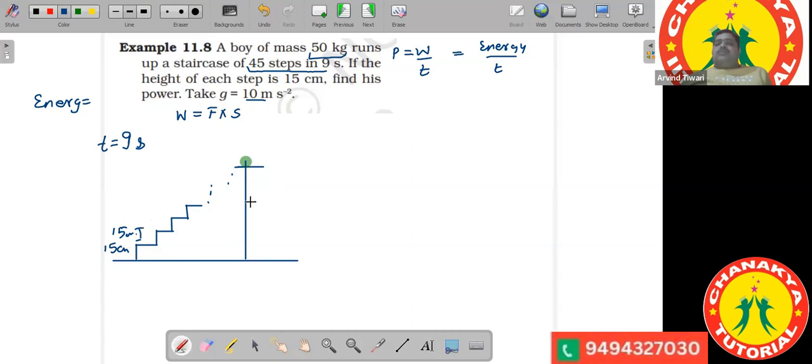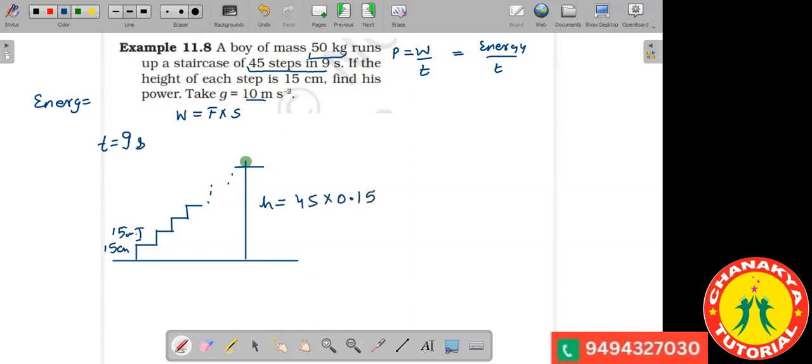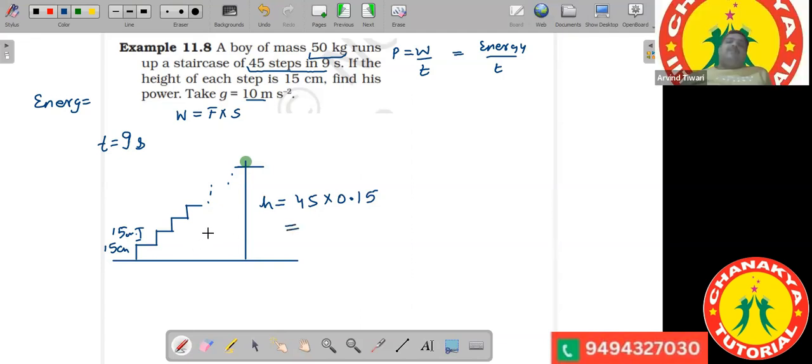So your height will be 45 multiply 0.15. Since 15 is in centimeter, you need to convert this centimeter to meter. So multiply 45 by 0.15, you get 6.75 meter. So height is 6.75 meter.